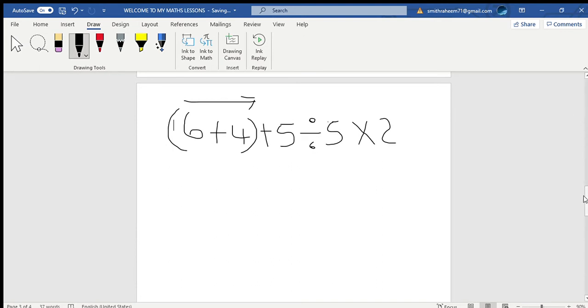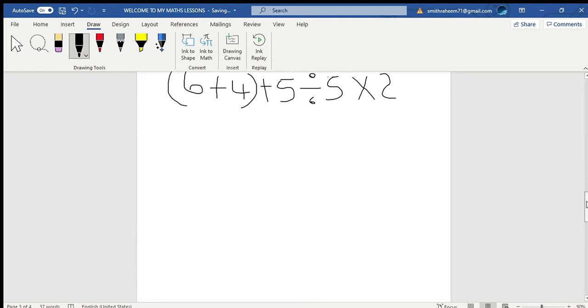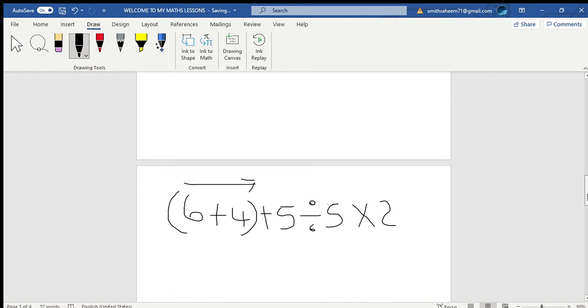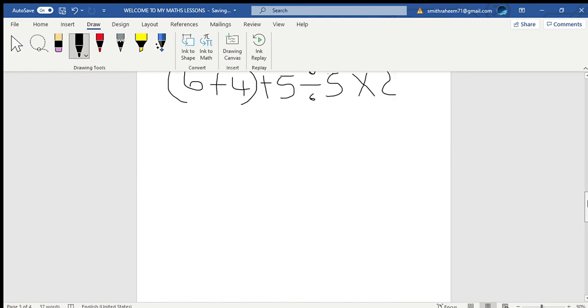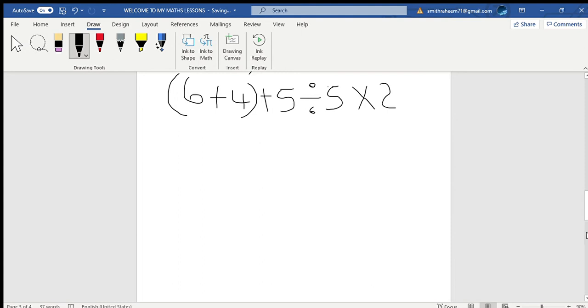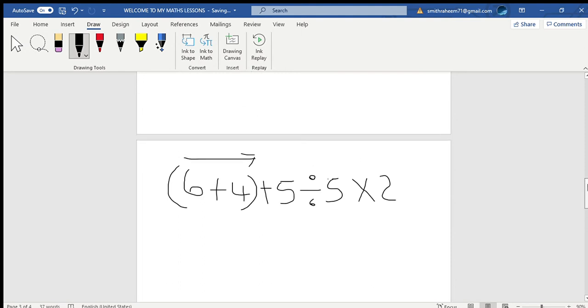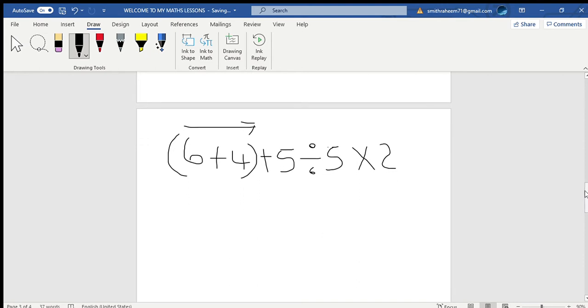We're going to work out the brackets first, and there's a rule that says BODMAS, which is brackets first, then order, then divide or multiply, then add or subtract. I'm sure you guys know about BODMAS. If you're not sure what BODMAS is, you could leave a comment in the comment section and I'll reach out to you.